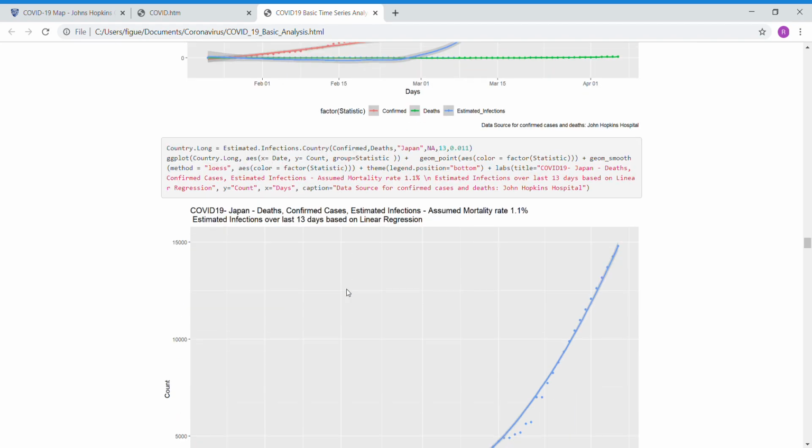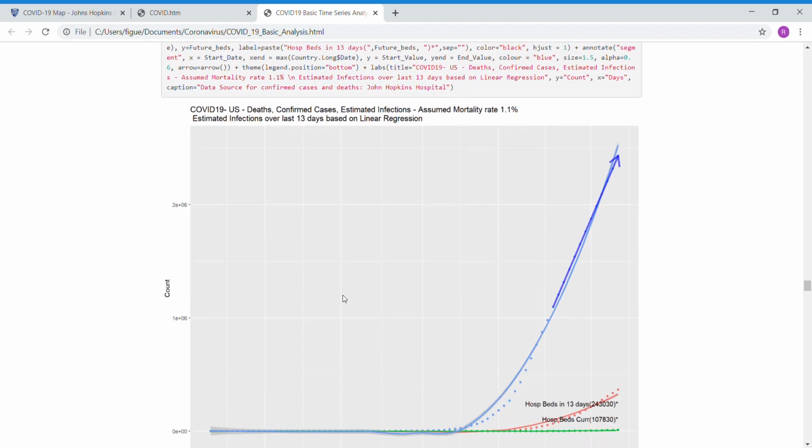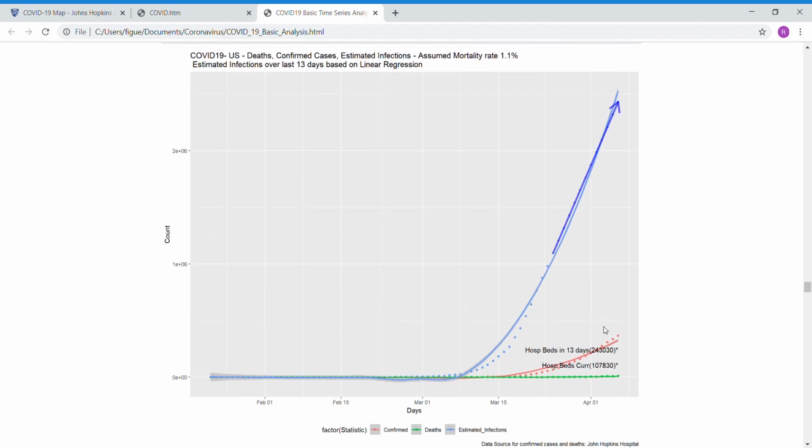Now, using that information, let's see what happens here in the US, or where we are in the US. First of all, what you're going to notice is a big discrepancy between the confirmed cases and the potential number of cases. And the other thing that you're going to notice is how many hospital beds are probably needed right now, about 100,000, and how many are going to be needed in the next 13 days, more than 243,000.